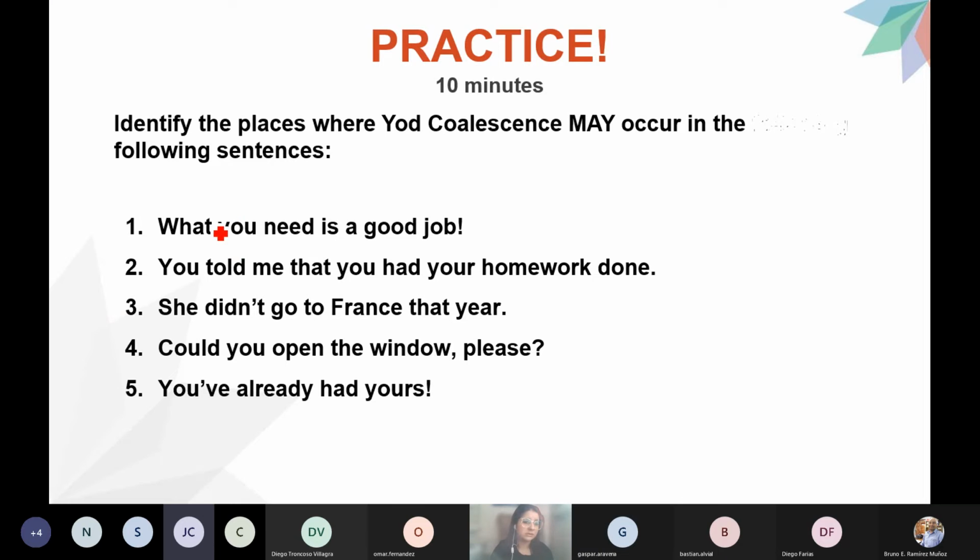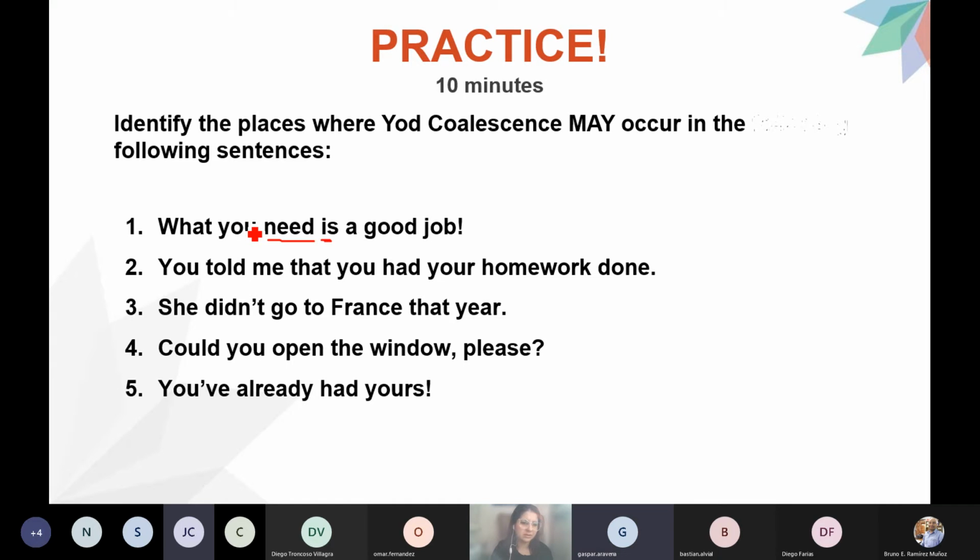Need. This one? That's right. Can you pronounce what you're trying to? What you need is a good job. And you are linking need with the is of is?